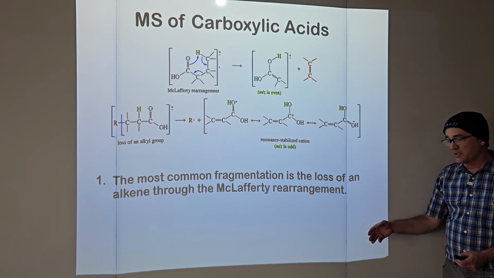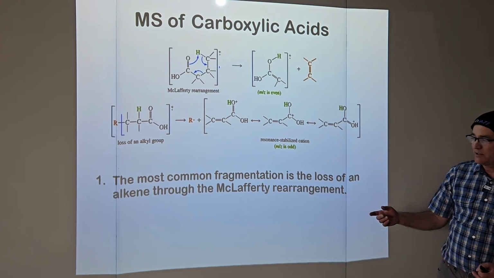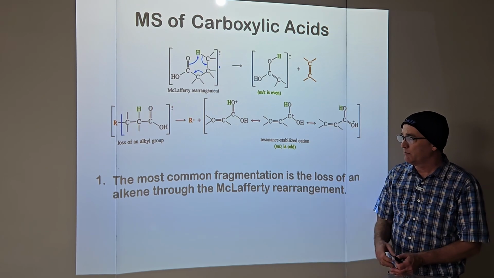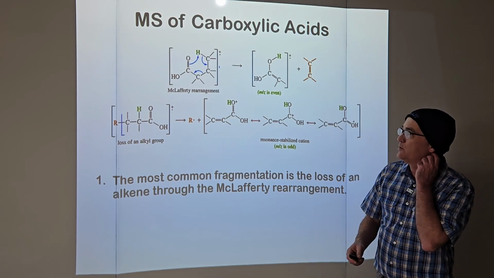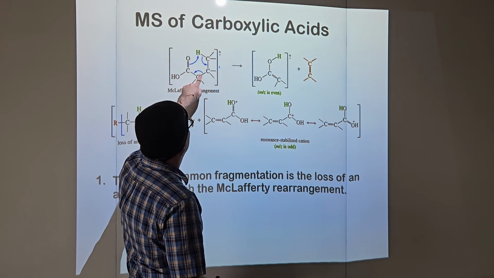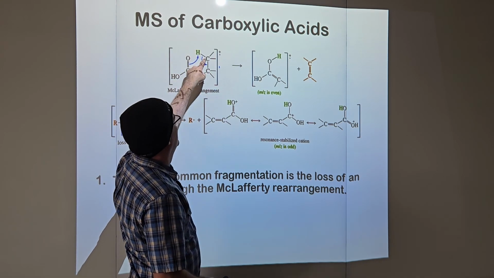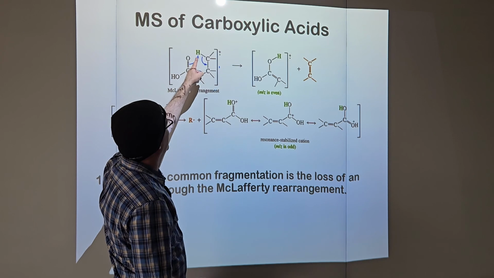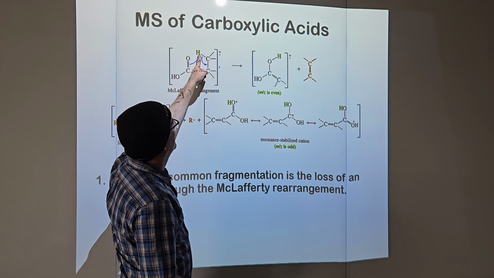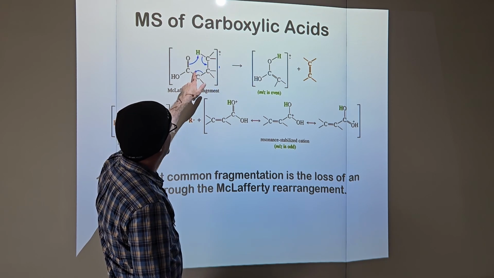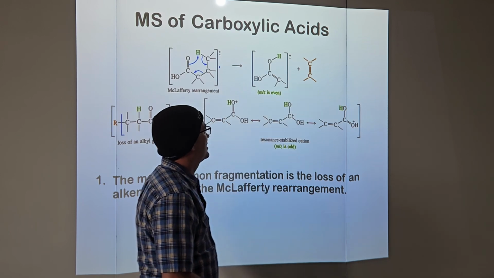So aldehydes and possibly ketones and carboxylic acids can all do this thing called a McLafferty rearrangement. So you need at least 1, 2, 3, 4 carbons. And you can see almost a perfect 6-sided ring there, which allows these electrons to grab that hydrogen and that to jump over there and kicks off that.